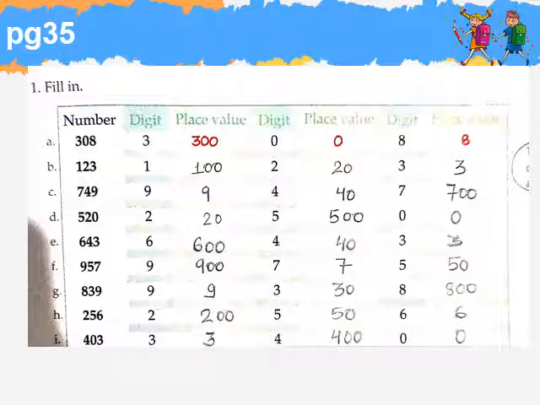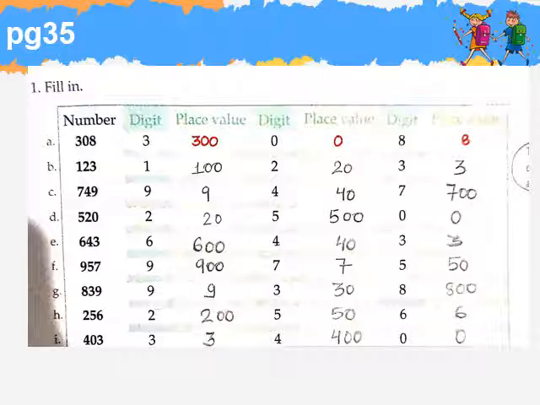Now children, F part. The number is 957. First digit is 9. Children, 9 is at hundreds place. So its place value is 900. Now the next digit is 7.